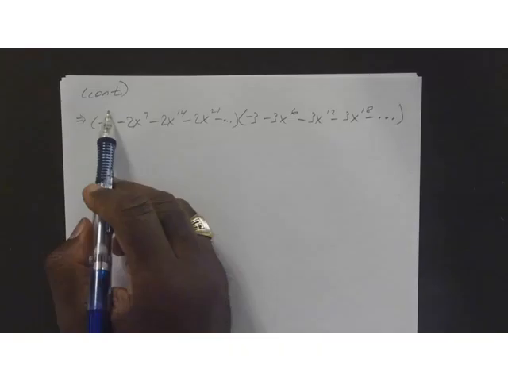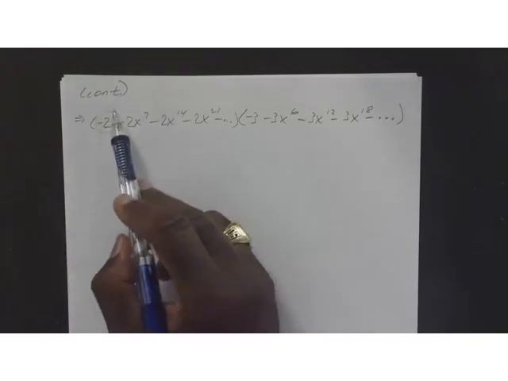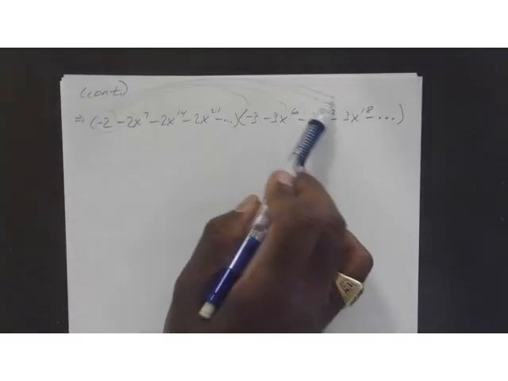Okay, so we get this -2, and we multiply it to those four terms.